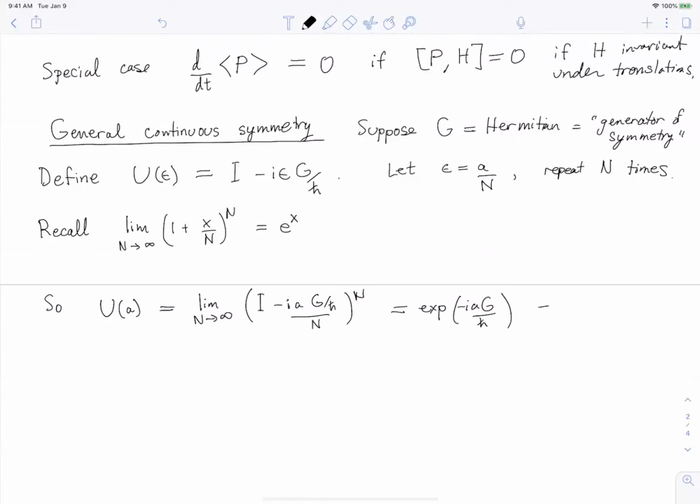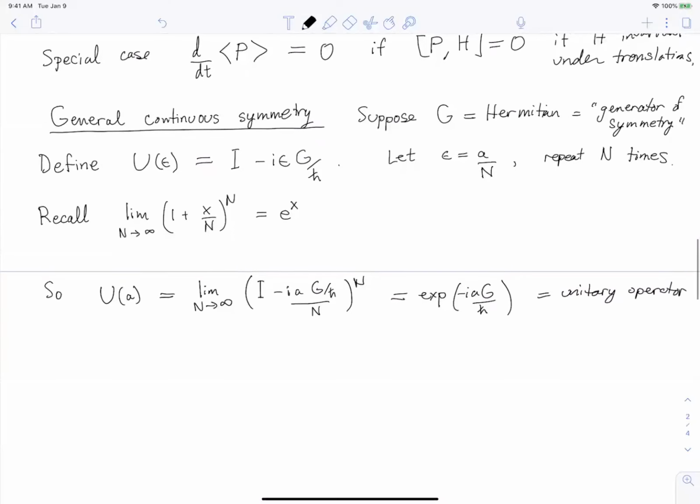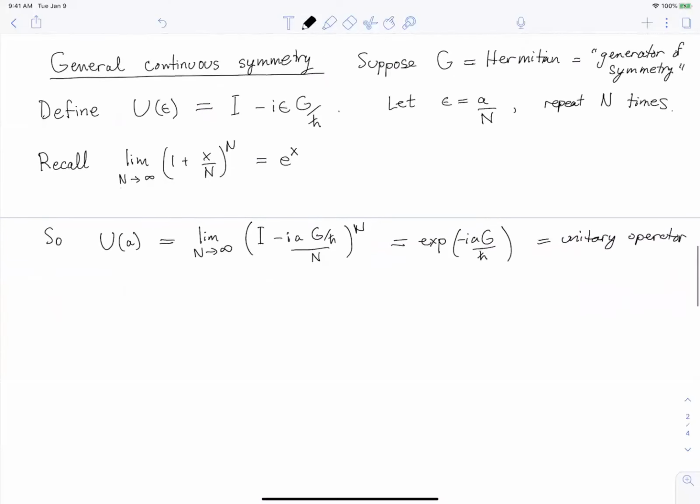Okay, and this is a unitary operator, as suggested by the fact that we gave it the name U. Okay, so now built out of that unitary operator, we can talk about symmetry transformations.